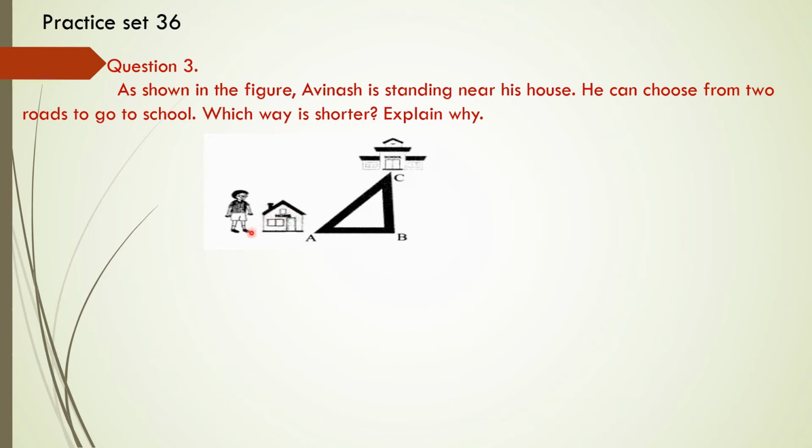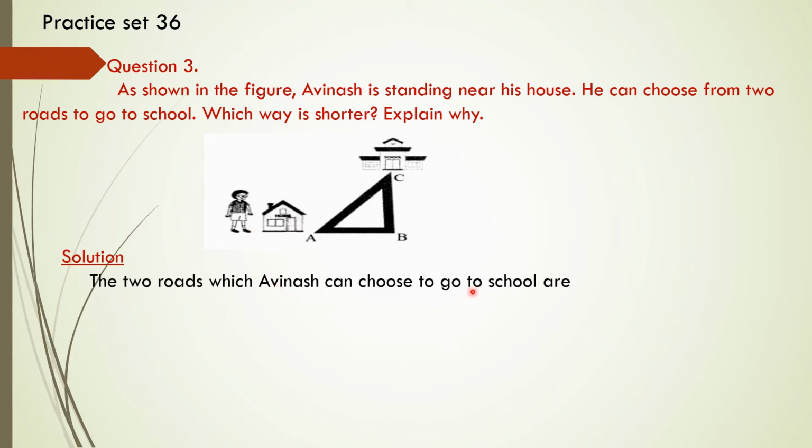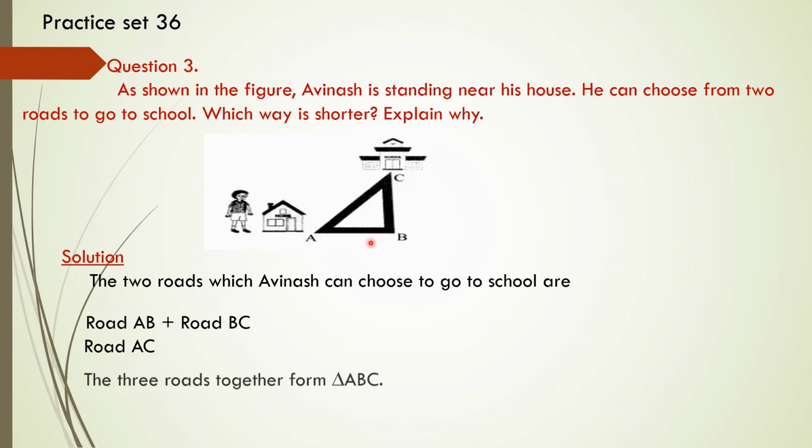Solution. The two roads which Avinash can choose to go to school are road AB plus road BC, and the second one is road AC. The three roads together form triangle ABC. You have already learned the property of a triangle: the sum of any two sides of a triangle is greater than the third side.